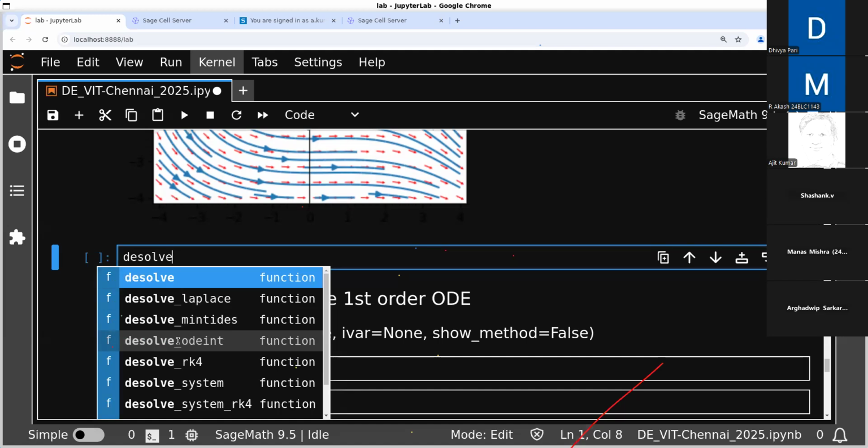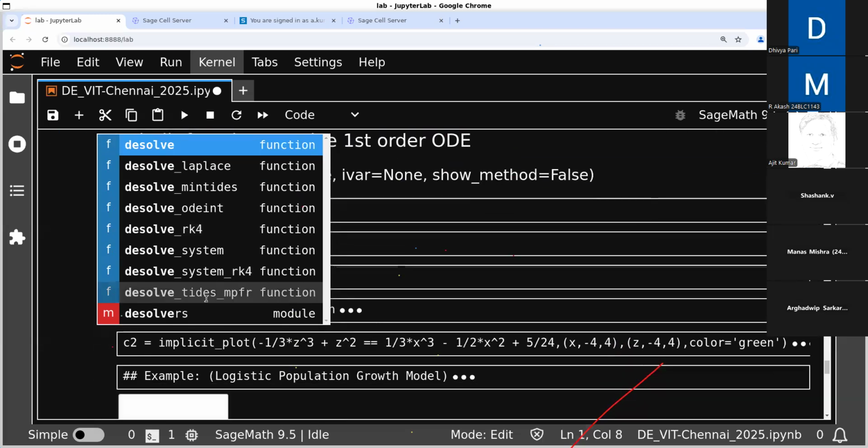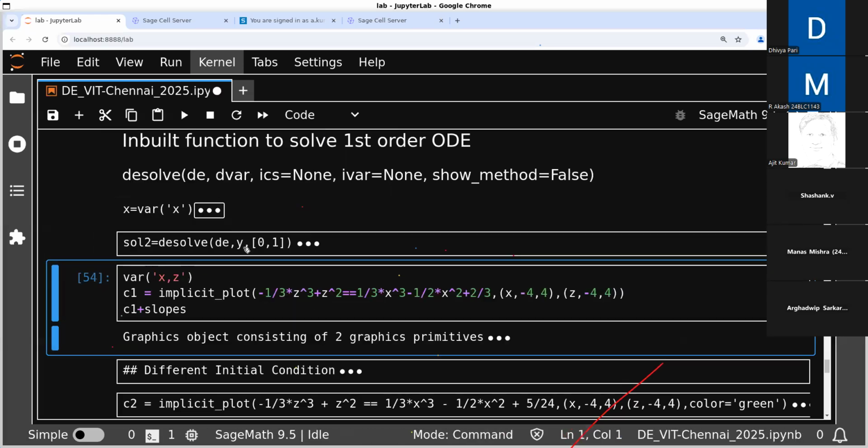Then desolve_odeint, which comes from Python SciPy. It also has some numerical methods of solving using the RK4 method. You can also solve a system of ODEs using the RK4 method. And there are others also. Right? So are you also learning some numerical solution of ODEs? Have you learned some numerical solution of ODEs?